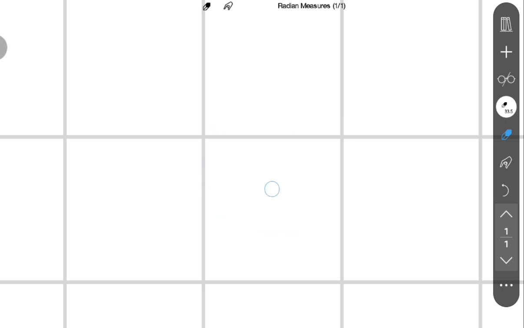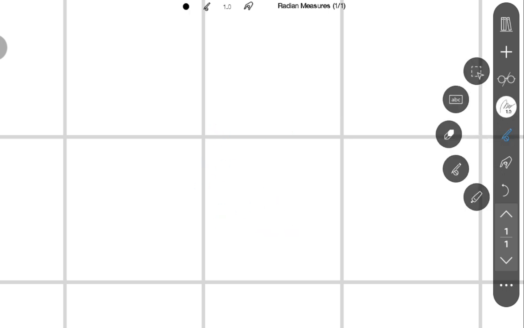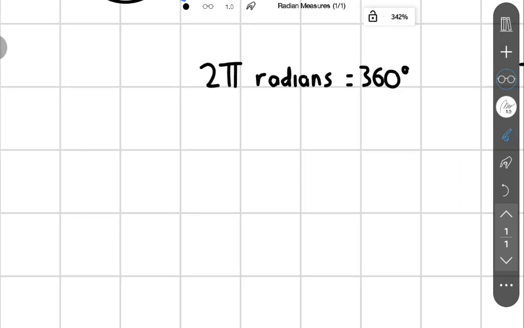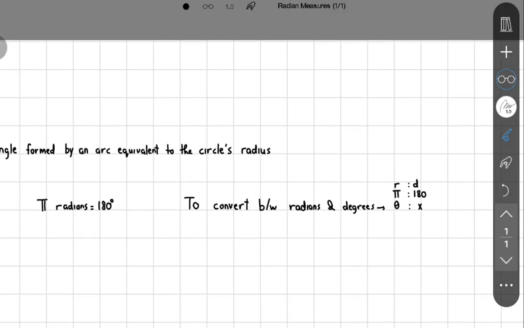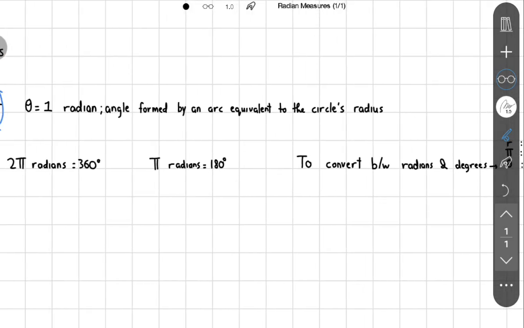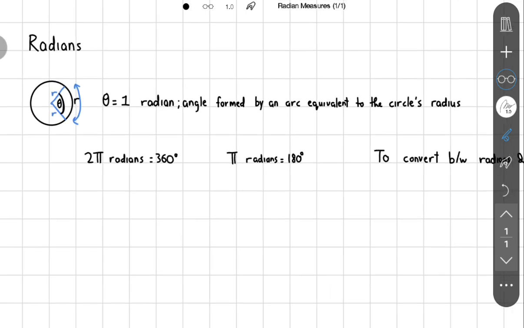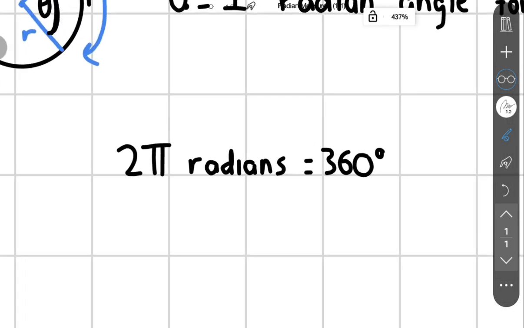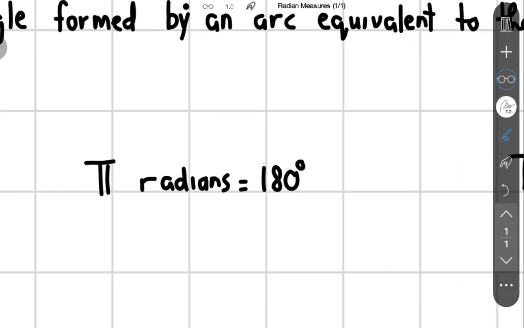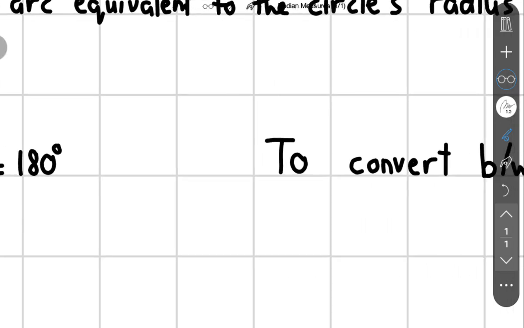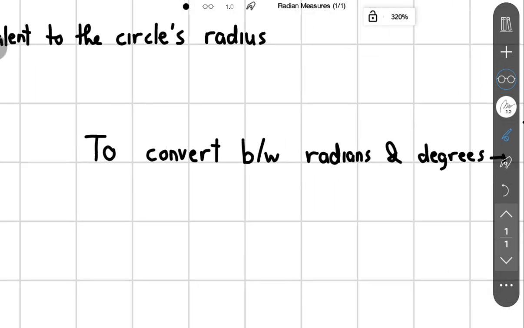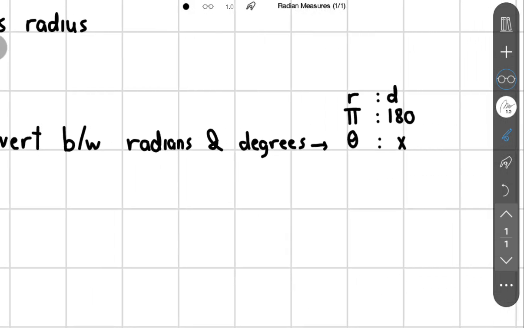Now, here's a formal definition I wrote. The radian is an angle formed by an arc equivalent to the circle's radius, and we can see that 2 pi radians is equal to 360 degrees. So that means 180 degrees is equal to pi radians. We can use this ratio to convert between radians and degrees.